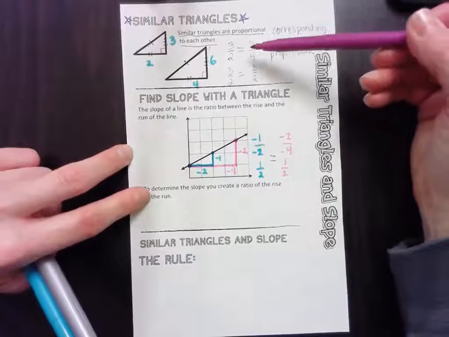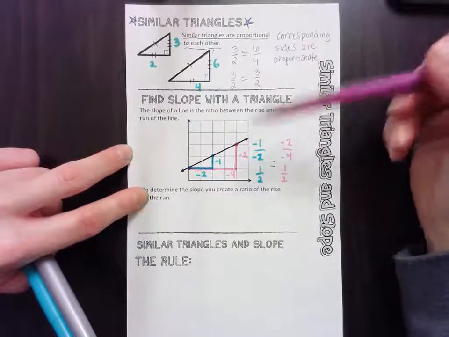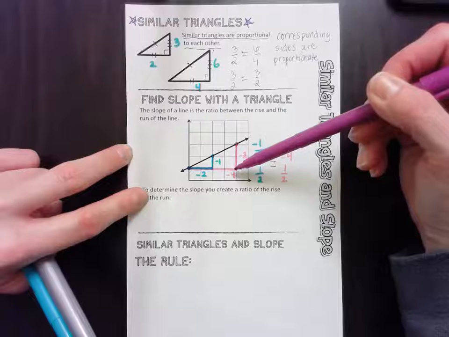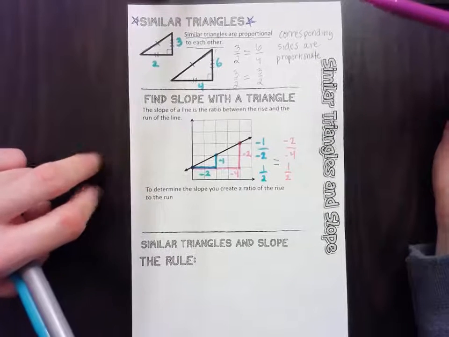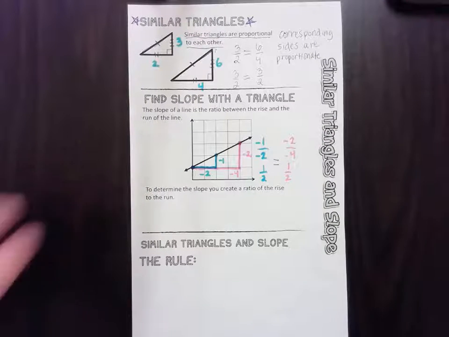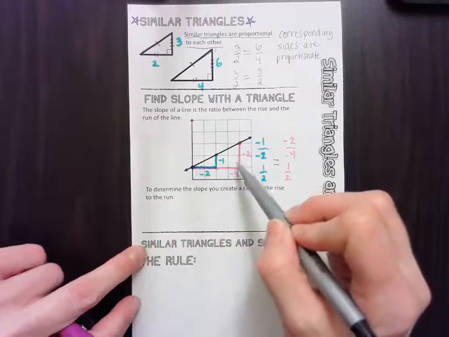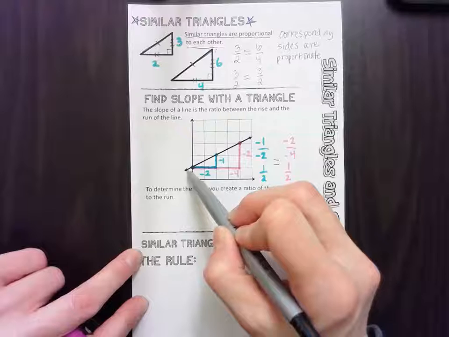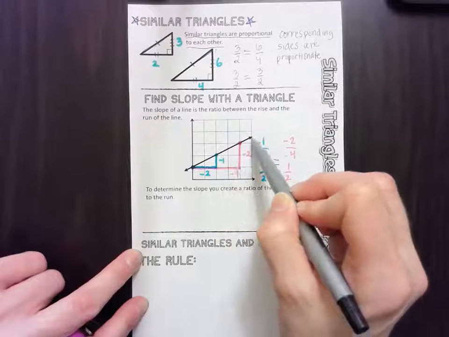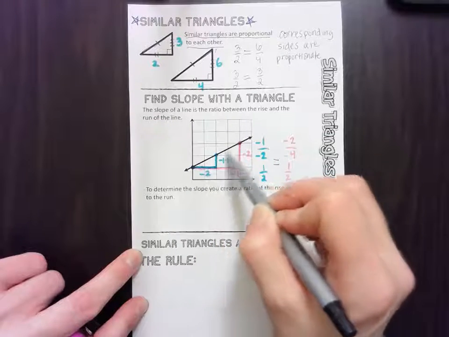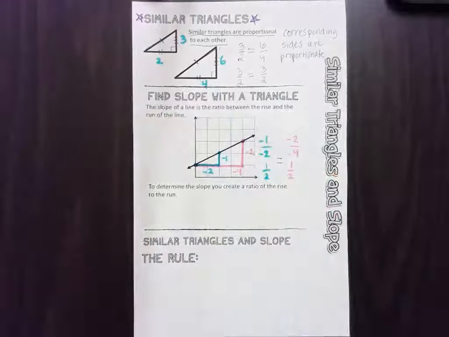And based on what we did up above, we see that these are similar triangles. The other thing we can see is that we were able to create similar triangles, and this original line here is a side that they have in common. And that'll bring us to the next part.